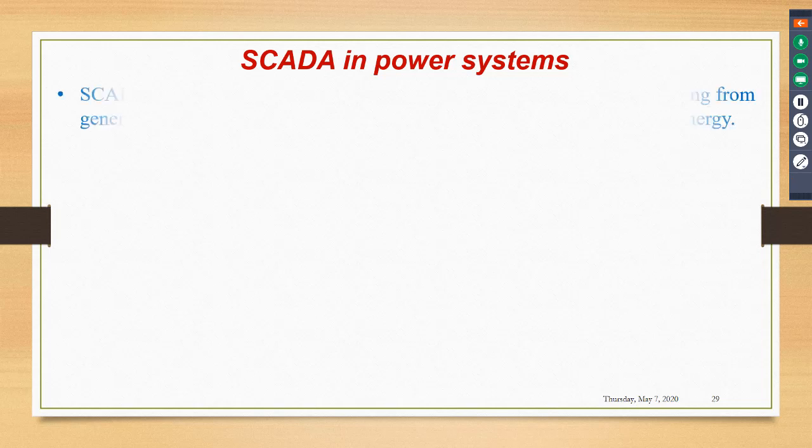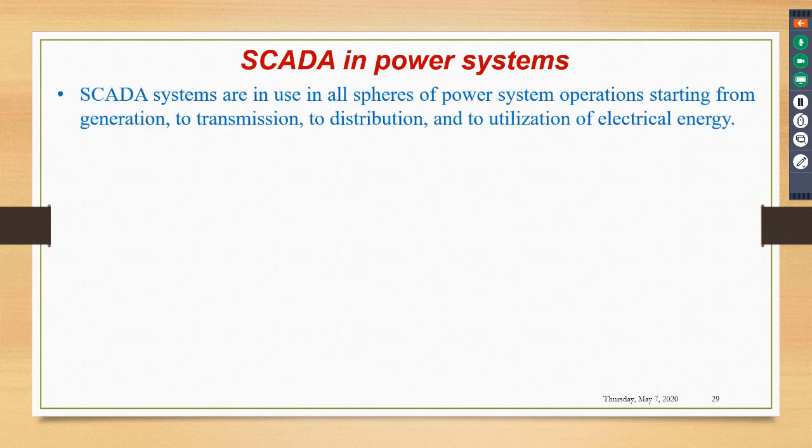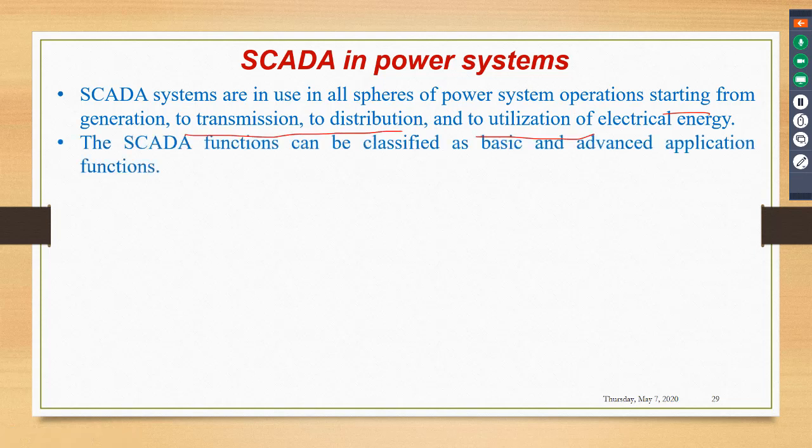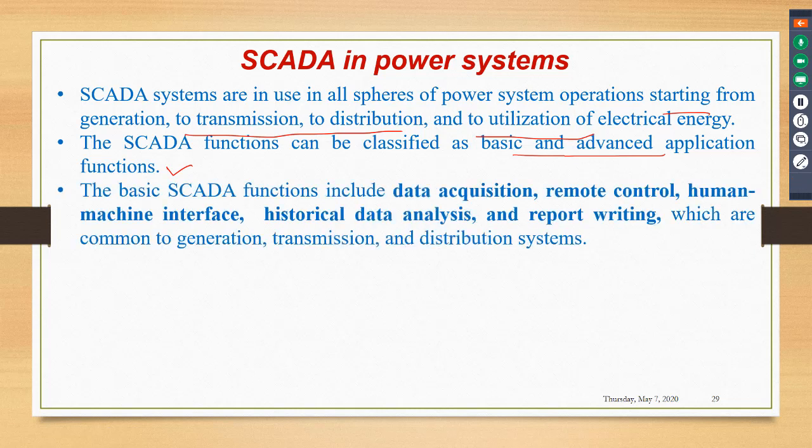Let us see SCADA in the power system. SCADA systems are in use in all spheres of power system operation, starting from generation to transmission to distribution and to utilization of electrical energy. SCADA functions can be classified as basic and advanced application functions.